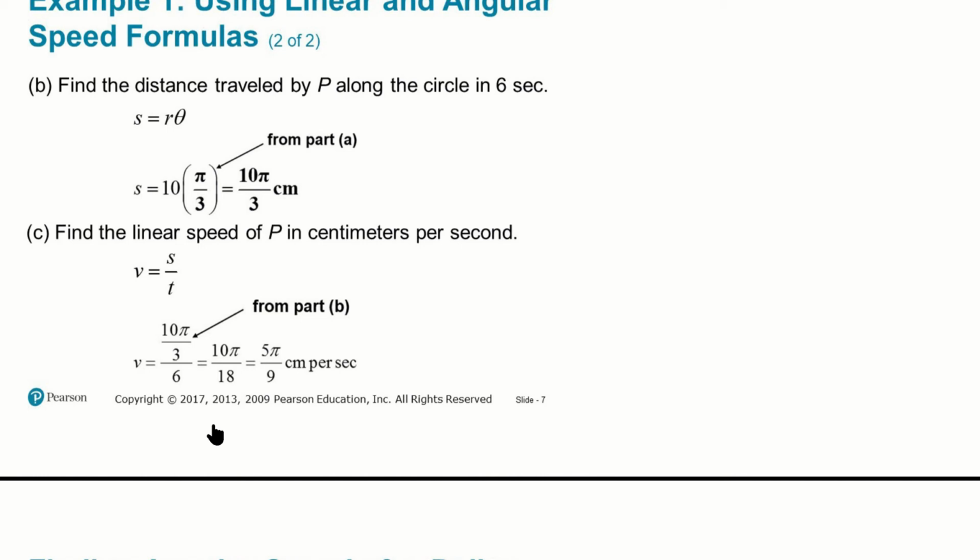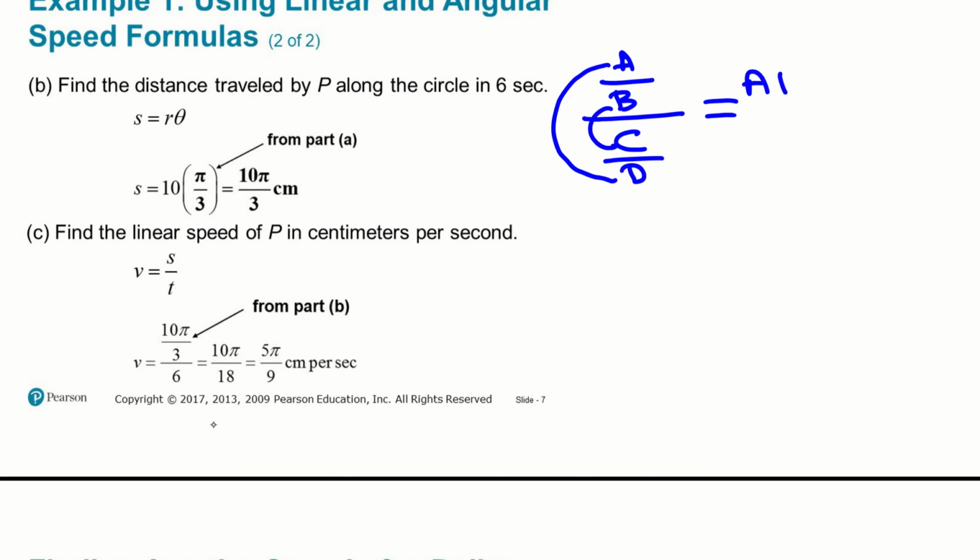Now, just to give you a little algebraic refresher, remember when you have one fraction divided by another, we had a nice shortcut for that, which was the outer product over the inner product. So AD over BC.